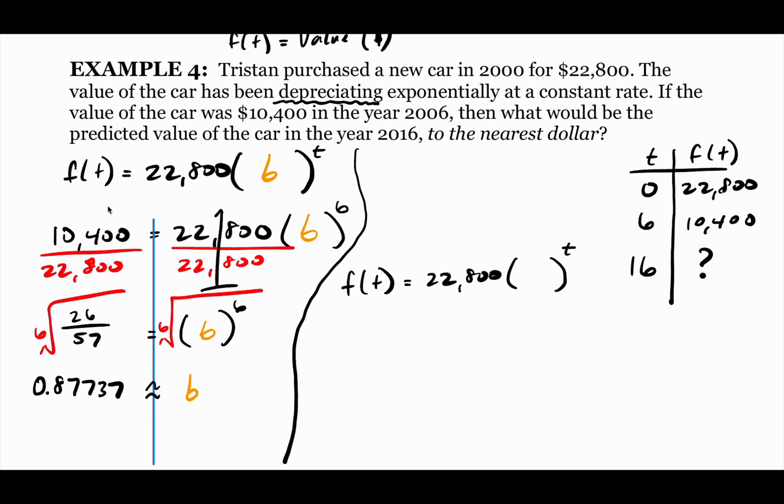So now that we know what B is, we have 22,800 times 0.87737 to the t power. Now I plug in 16 like I wanted to.